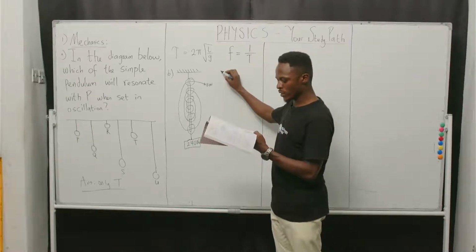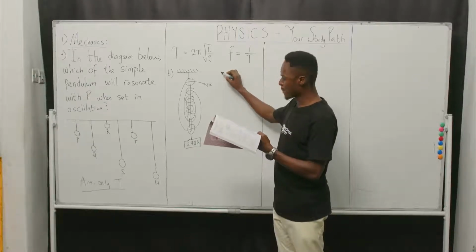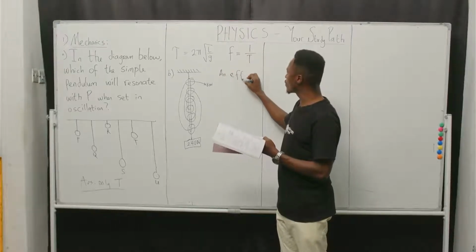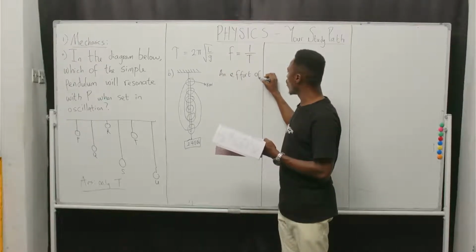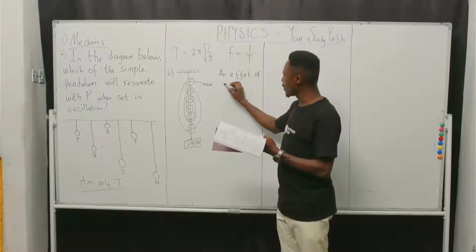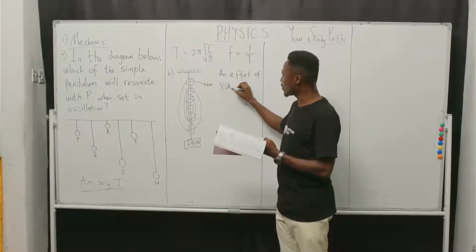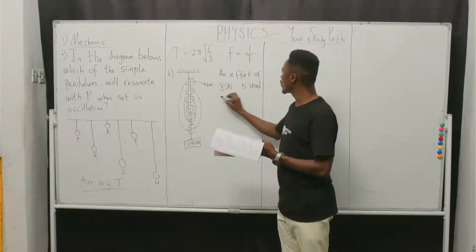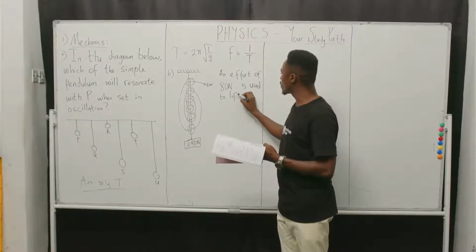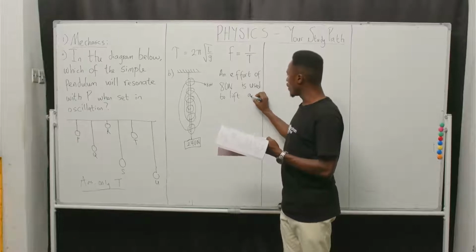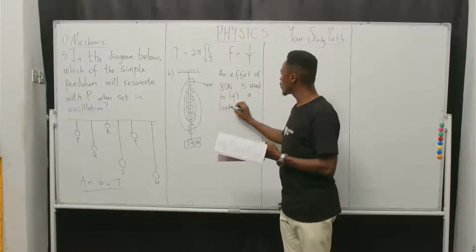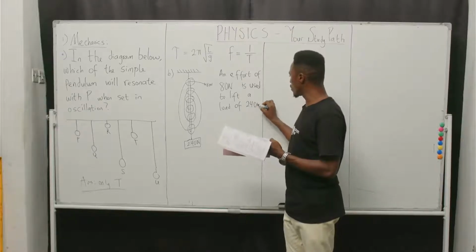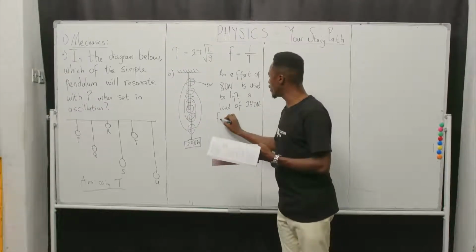We are told that an effort of 80 Newton is used to lift a load of 240 Newton. Find the efficiency.